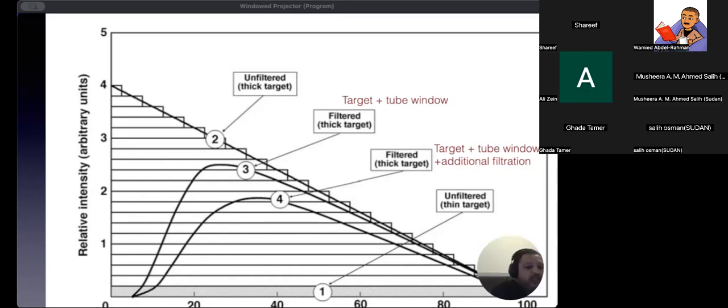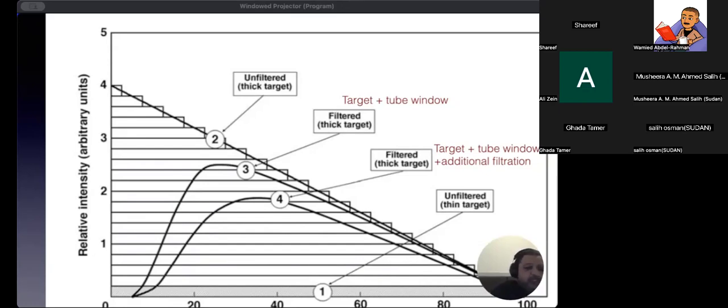Definitely the overall energy fluence that comes out is going to decrease, but we are decreasing more of these low energy photons. These in diagnostic applications are useless. All they do is deliver a higher dose to the patient without any contribution to the image itself. That's why additional filtration is usually added.